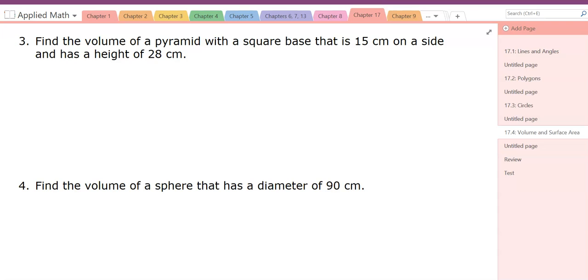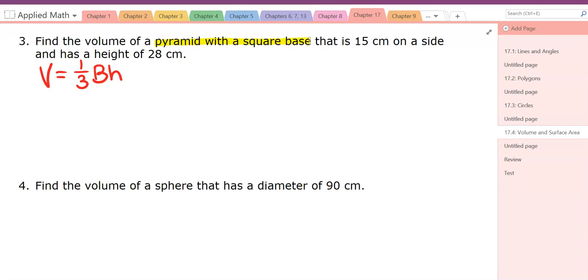So volume of a pyramid, if we go back to the previous page, that formula is 1/3 times the area of the base, capital B, times the height of the pyramid. Now they tell you in the problem that this pyramid has a square base. That means that the base shape is a square. So when you guys are trying to find B, capital B, you're trying to find the area of a square.